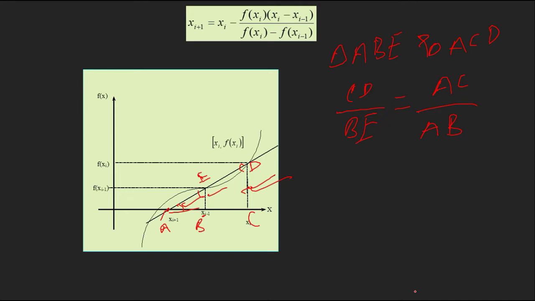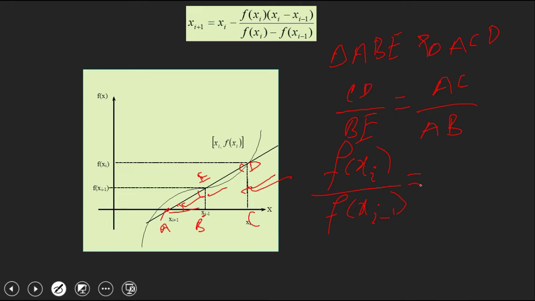So what is CD, the height of the large triangle? It is f of xi, divided by the height of the smallest triangle. The height of the smallest triangle is f of xi minus 1, which is equivalent to the base AC. What is AC?